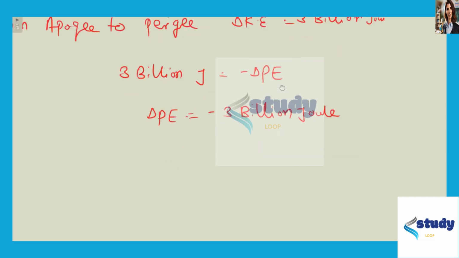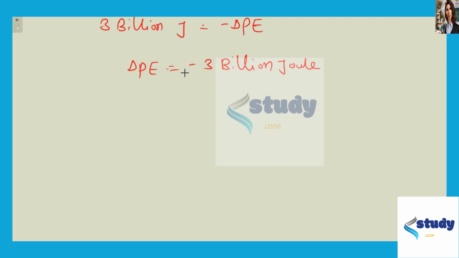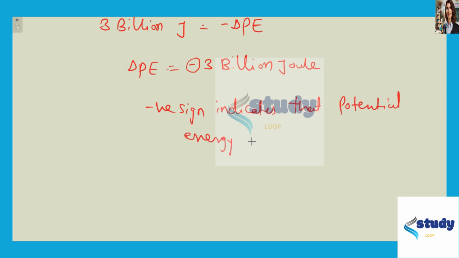So we can clearly say that the change in potential energy is negative, which means from apogee to perigee, potential energy decreases. The negative sign indicates that potential energy decreases. And this is our answer for this given question.